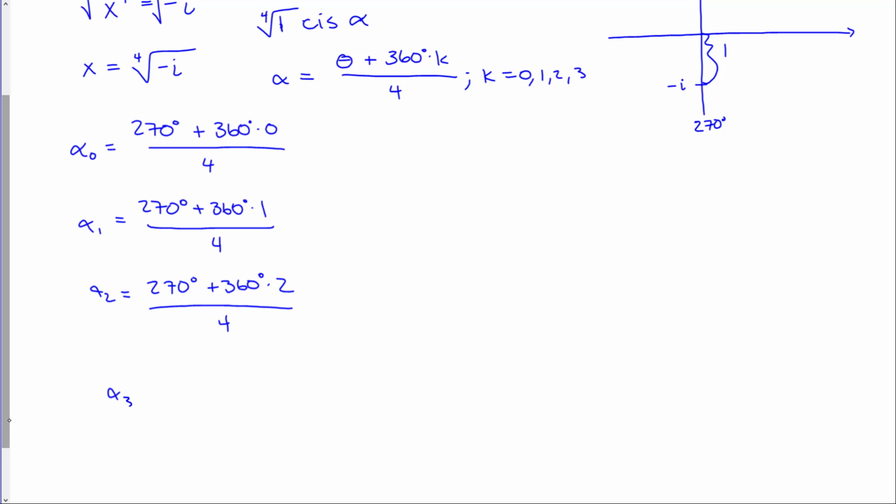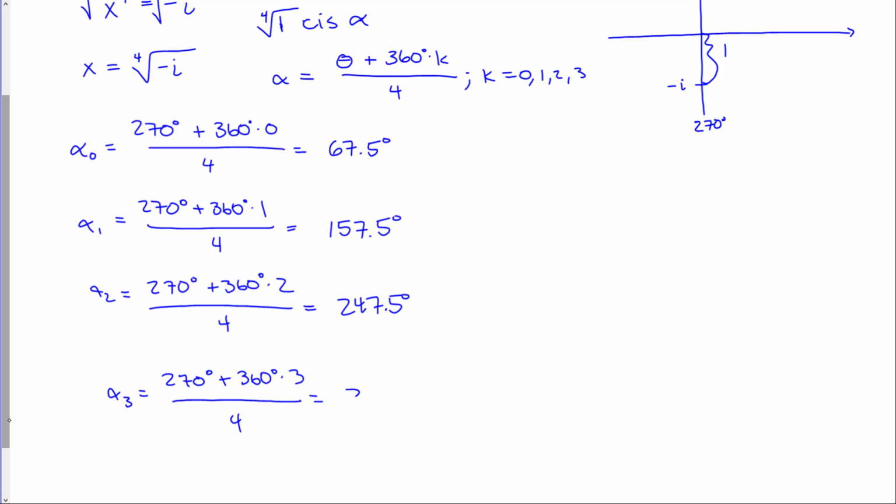And the last one we would get from 270 degrees plus 360 degrees times 3 all over 4. Now we need to compute each of these, and I'll let you use your calculator here, but to speed it up, alpha sub 0 becomes 67.5 degrees. The next one is 157.5 degrees, and then 247.5 degrees, and lastly 337.5 degrees.